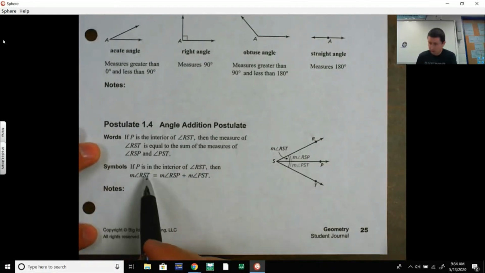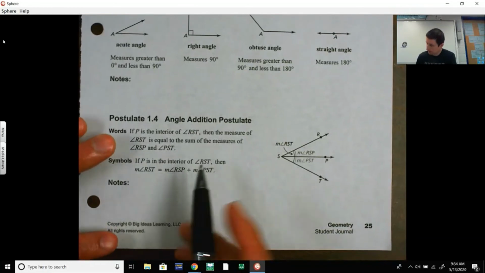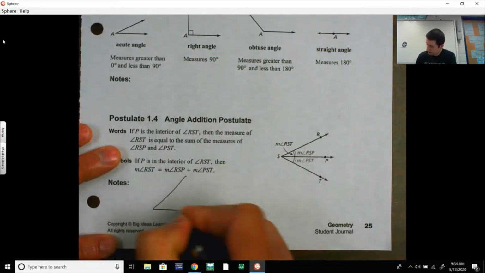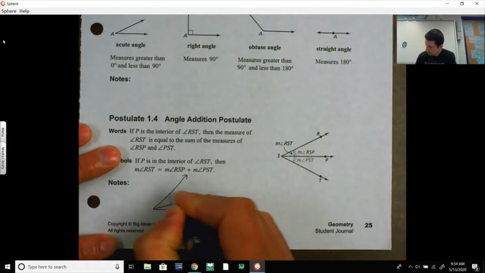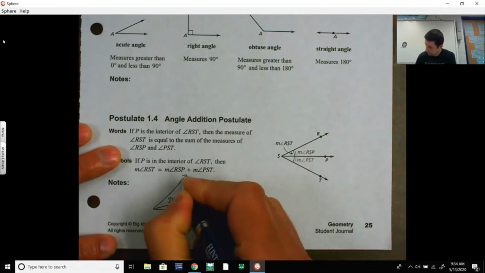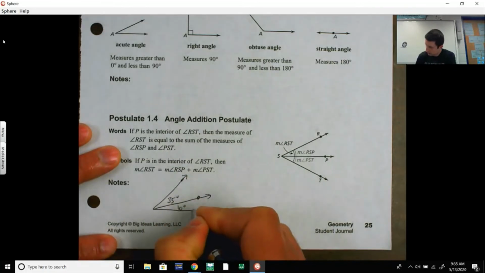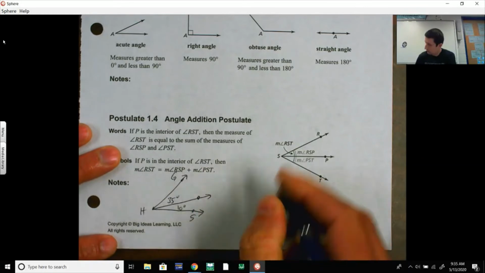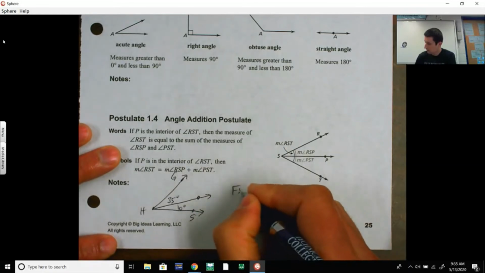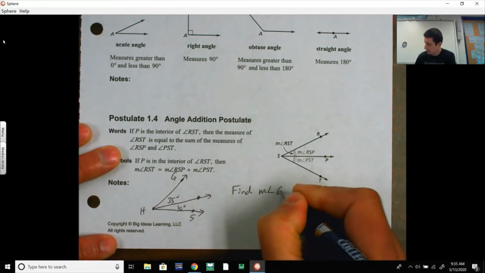Angle addition postulate. Okay, so let's say we have an angle here, and this is 10 degrees, and this is 35 degrees. And let's go back to GHS. And they just say, find the measure of angle GHS.